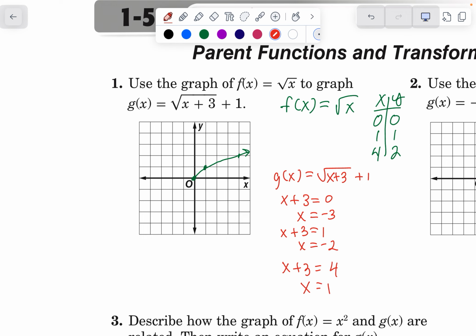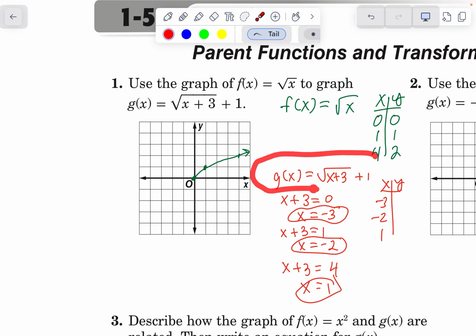So for this one, I would plug in -3, -2, and 1. The reason I will do that is I'll get a nice perfect square. Now, you'll notice that the formula itself has that +1 at the end. That does not affect what's inside the square root. It's where the inside equals 0, the inside equals 1, and the inside equals 4.